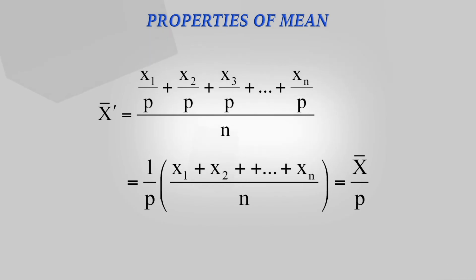So here we can see that if we divide or multiply by a constant value each and every observation in the data, then the new mean will also be divided or multiplied by that constant. Now let us take an example to understand it more clearly.